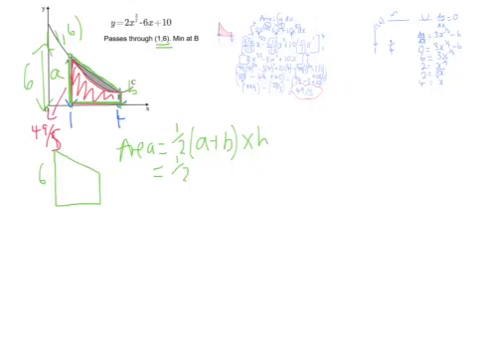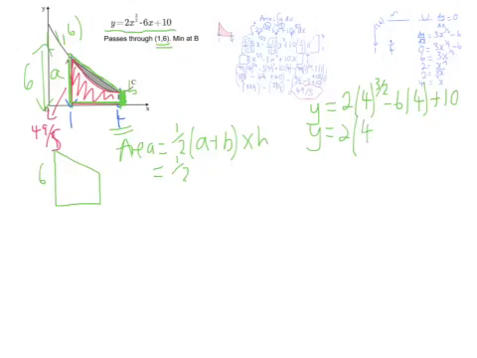But we don't know the height of this one here. But we can find it fairly easily because when x is 4, we've got an expression here that tells us our y. So let's see if we can find that height first. So y is 2 lots of 4 to the power of 3 over 2 minus 6 lots of 4 plus 10. 4 to the power of 3 over 2 is the same as 4 to the half, cubed.